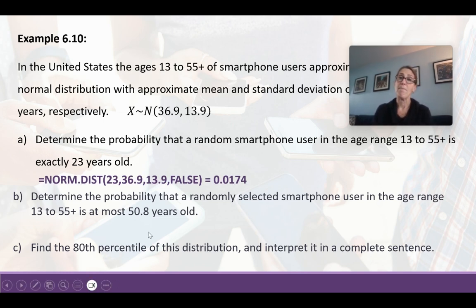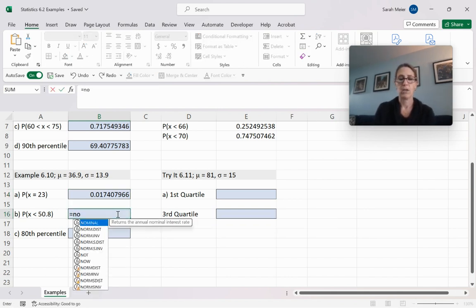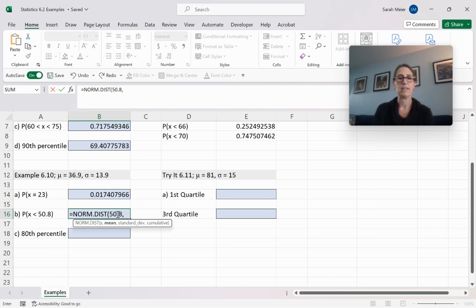Now for our at most 50.8 years old, that's again really less than or equal to. But remember, in our continuous distributions, less than or equal to is the same as less than. So we can just do norm.distribution for 50.8 with our mean of 36.9 and our standard deviation of 13.9.